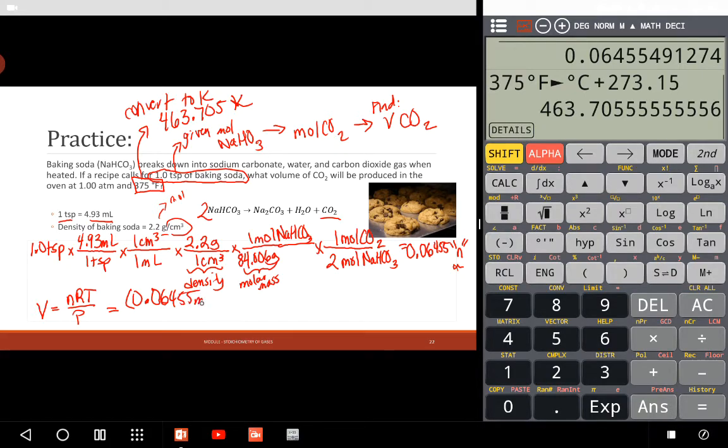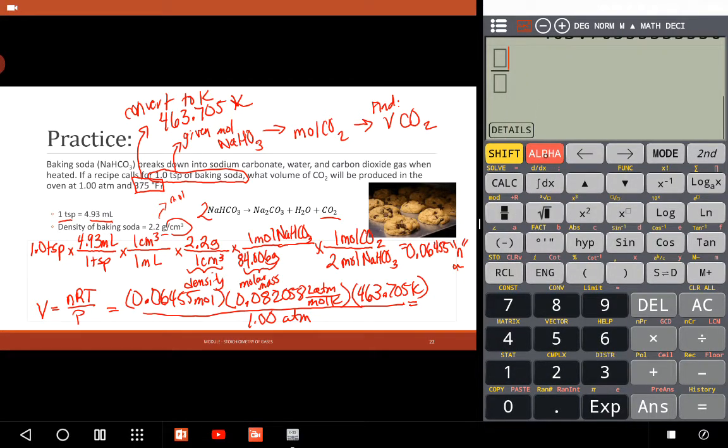So now I can type this all into my calculator because I got my moles. My pressure's already in atmospheres, that's good. And so I can grab my R for atmospheres, my Kelvin temperature, divide that by my pressure, which is 1.00 atmospheres, and what do I get?